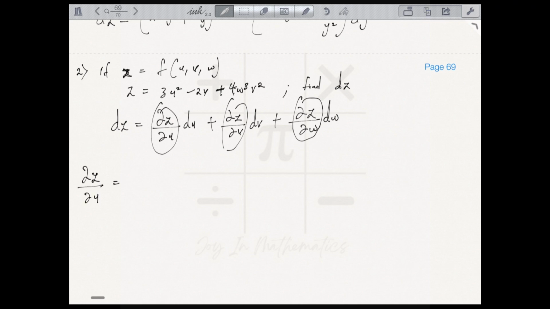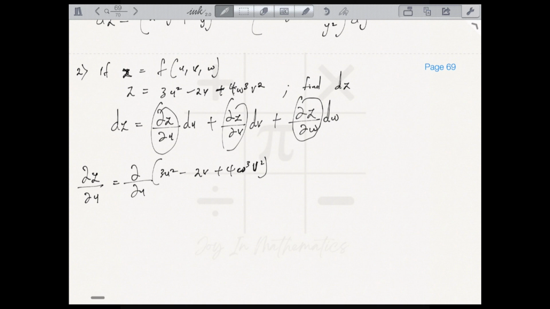That means we are going to be differentiating, with respect to u, 3u squared minus 2v plus 4w cubed v squared. Now, while differentiating partially with respect to u, the other variables are kept constant, and that means both v and w are kept constant.